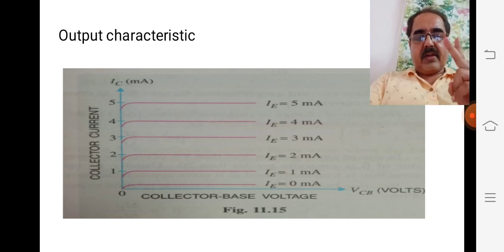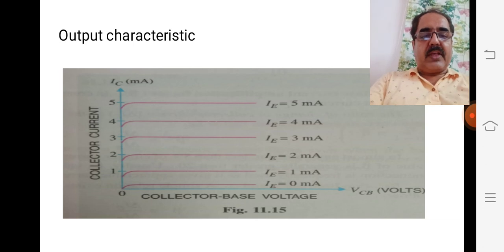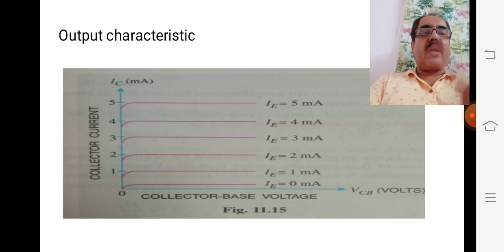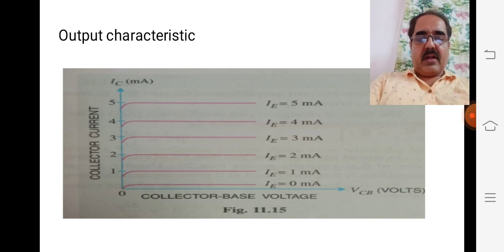Second, when the value of VCB is raised above 1 to 2 volts, the collector current becomes constant, as indicated by a straight horizontal curve.